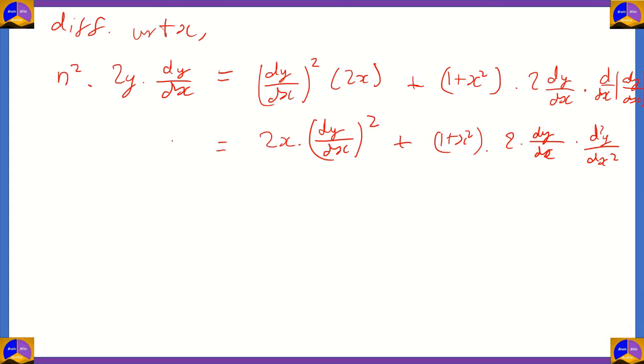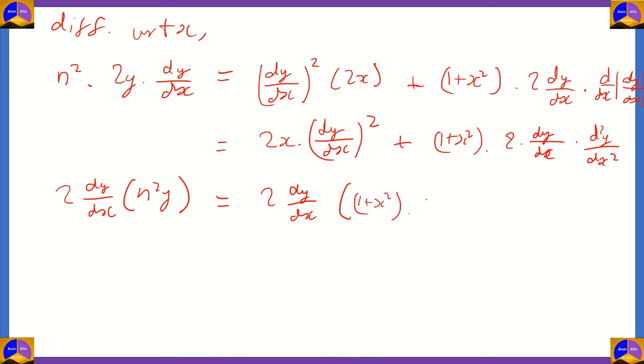Now what we can do is we can take 2 times dy by dx common on both sides. So when you take 2 dy by dx outside, you get n squared y on the left hand side, and on the right hand side you get 1 plus x squared into d squared y by dx squared plus x into dy by dx.